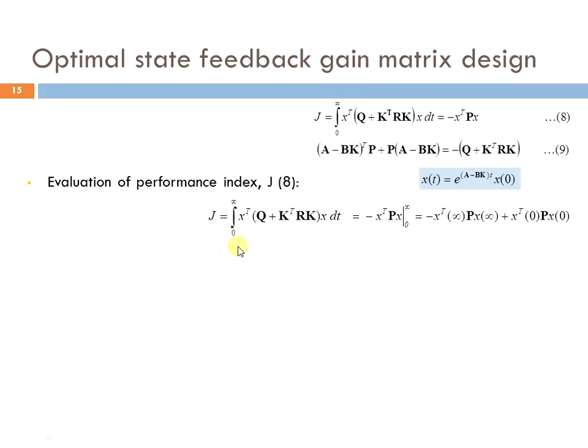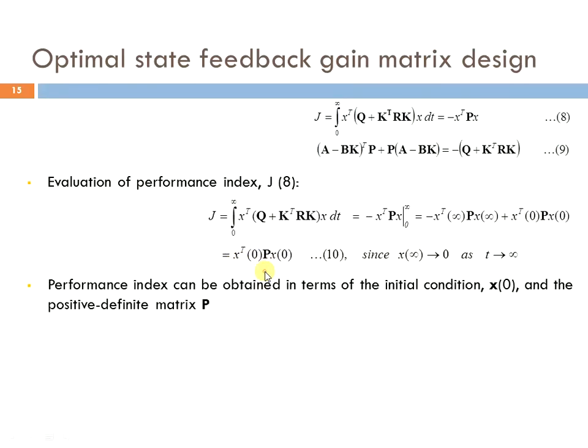The significance of that is that it allows us to conclude that the performance index is a function of only the initial state vector and the matrix P. So knowing our initial condition and knowing what the value of the positive definite matrix P is, we are able to evaluate the performance index.